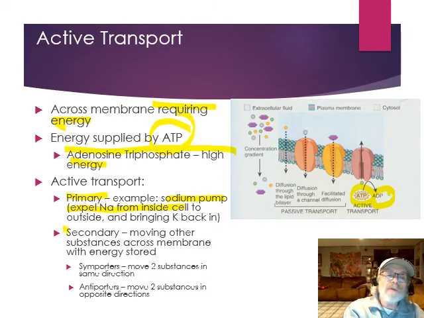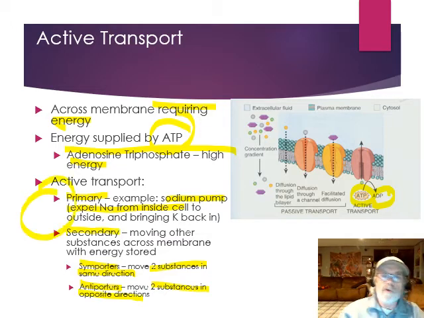Also, we have what's called secondary active transport, and these involve moving substances across the membrane with symporters or antiporters. Basically, symporters still use energy, but move two substances together in the same direction. Antiporters move two substances in the opposite direction. At least remember the primary active transport. I think that's really important.